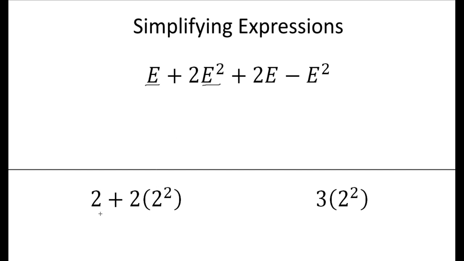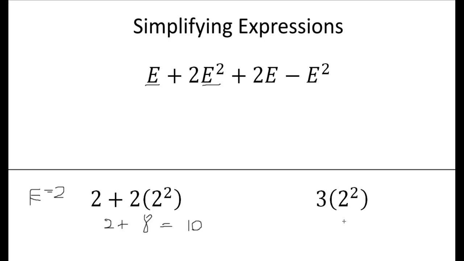So we've assumed that e is equal to 2 in this case. Let's quickly work this out here. 2 squared is 4, and then 2 times 4 is 8, plus 2 is 10. Okay, so we just established that.